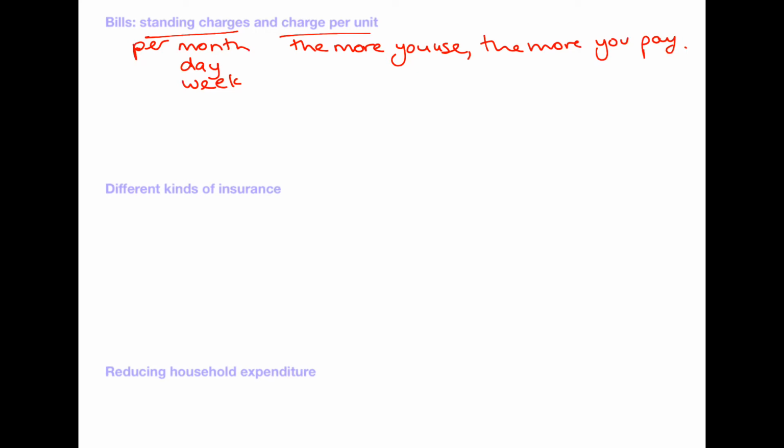For example, gas and electricity. They have a standing charge, which I'm going to put SC for, and that's per day. Then whatever gas or electricity you use, you get charged a small amount for each unit you use. It's the same with mobile phones, but the standing charge is your monthly charge.